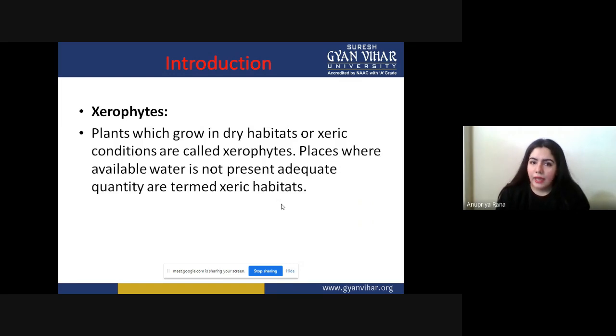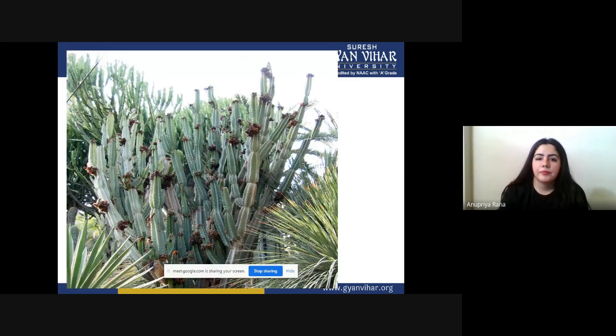If plants grow in that dry habitat, they will be known as xerophyte plants. Places where available water is not present in adequate quantity are termed xeric habitats. If the water is not present in the quantity it is needed, we can easily call that particular habitat a xeric habitat.